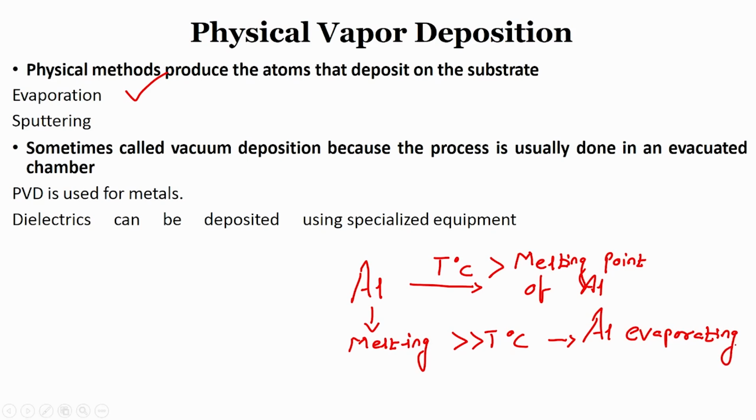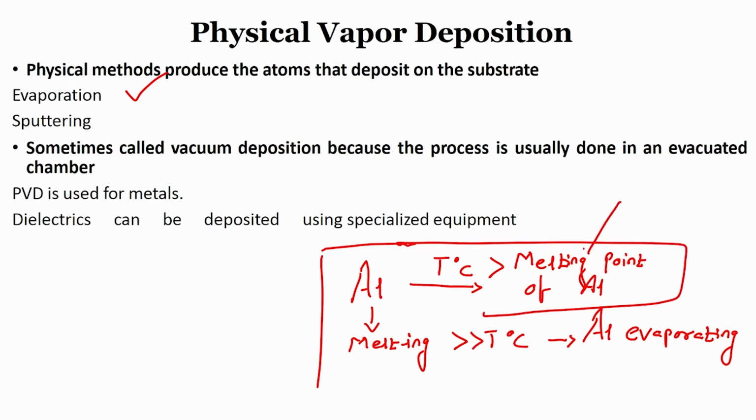So, in evaporation we will see how we can heat the material beyond its melting point so that it vaporizes and gets deposited on the substrate.